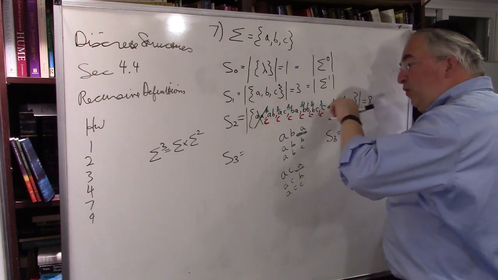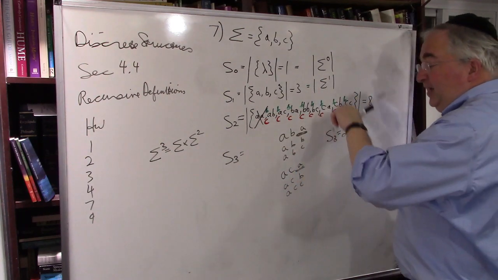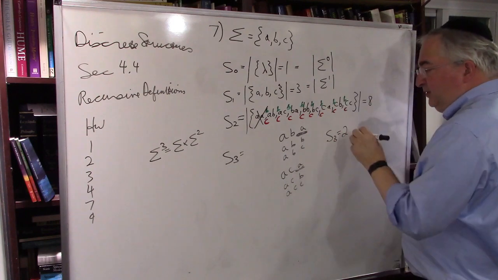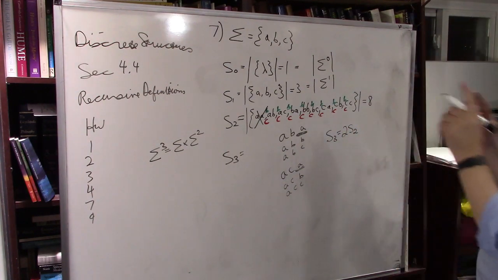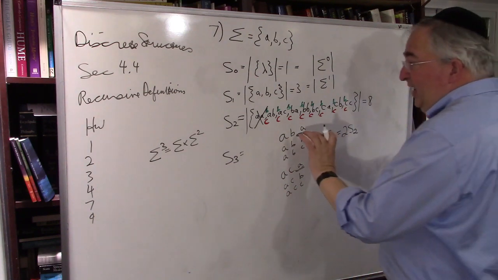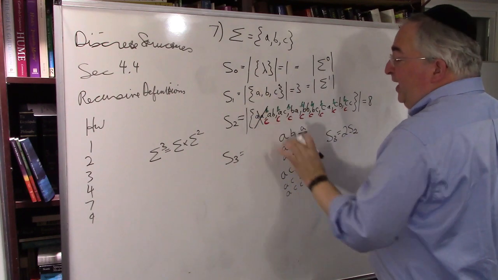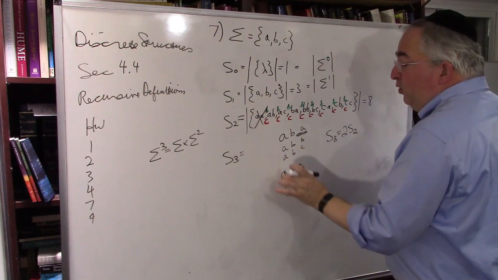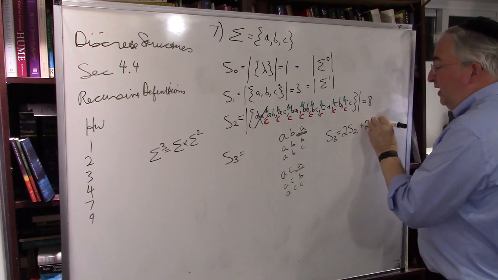So I can take whatever words of length 2 that I have, and take 2 copies of those, so that's 2 of S2. Okay, hold on. What else can I do? Well, I can take words of length 1 and add on to it either AB or AC. So that's plus 2 times S1.